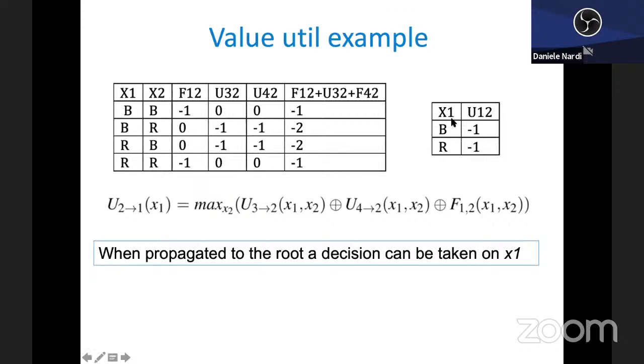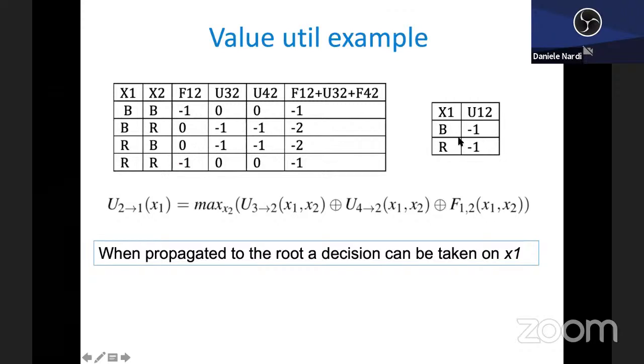What do you think the root can decide at this point? Since the problem is totally symmetrical, it can decide either to choose blue or to choose red. It will be, in this case, exactly the same thing.